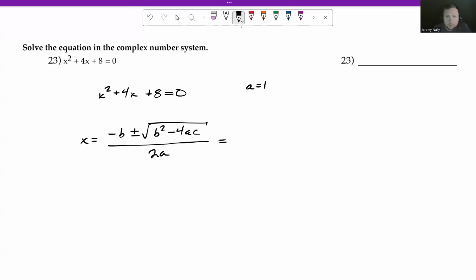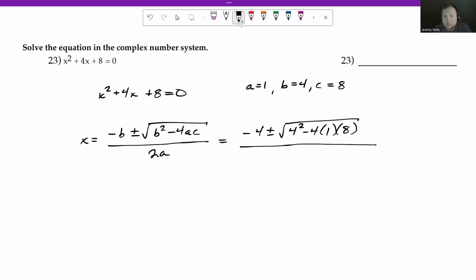So a equals 1, b equals 4, c equals 8. So I have negative 4 plus or minus the square root of 4 squared minus 4 times 1 times 8, all over 2 times 1.